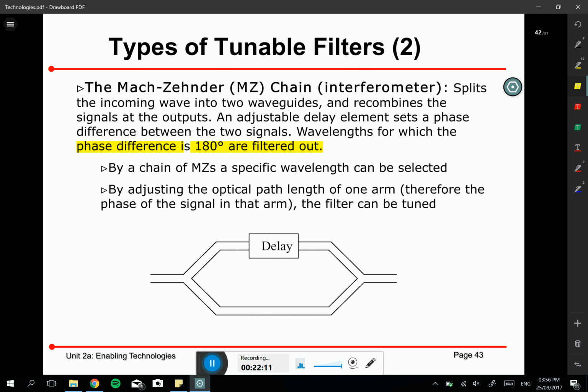There's also a way to tune the interferometer by radiating this delay line here and changing the refraction index, so you can somehow tune the Mach-Zehnder interferometer.